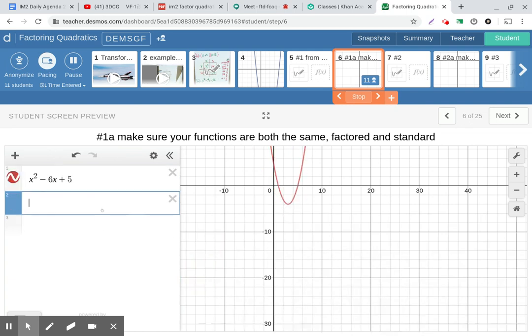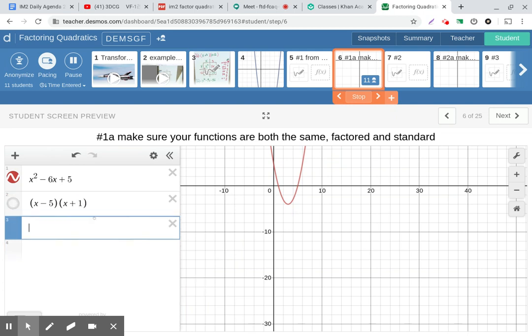And underneath that, write the factored one, which is x minus 5, x minus 1. And then notice that they're the same function. Go ahead and change one of those to a different number, like plus 1, and you can see that it's not going to make the same function. See, it's a different graph, right? So it's got to be the same one.